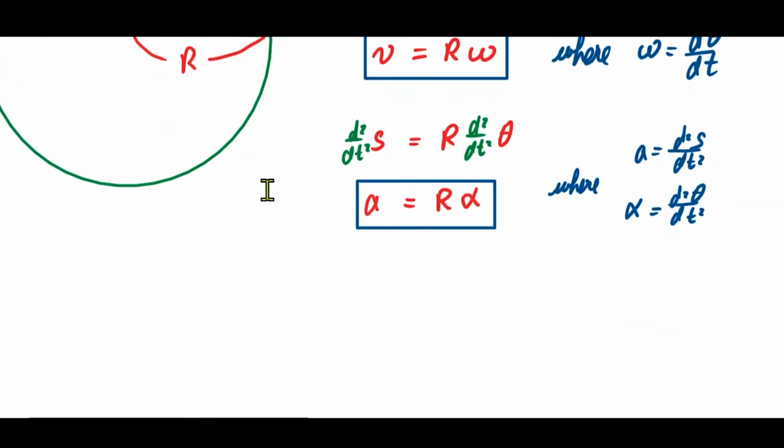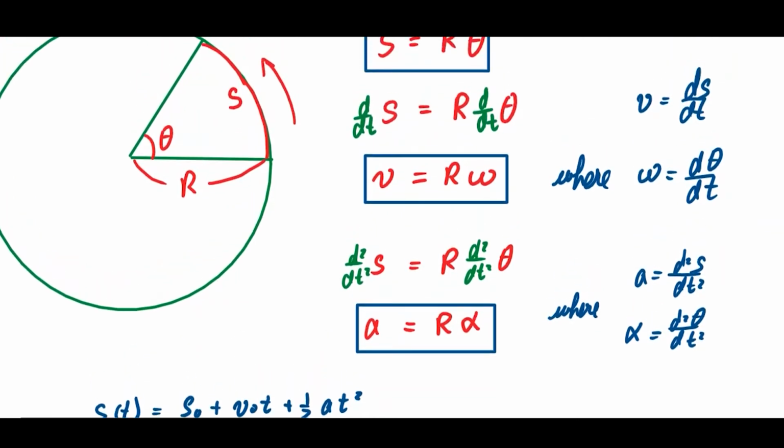Okay, and here's a huge relationship. Down here, I'm going to write down this thing. S of t, of course, is S naught plus v naught t plus 1/2 a t squared. Kinematics equation. Okay, now what is S?